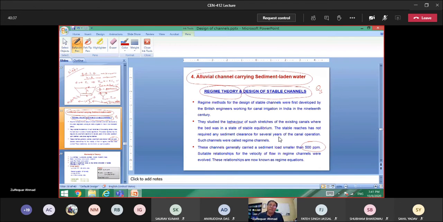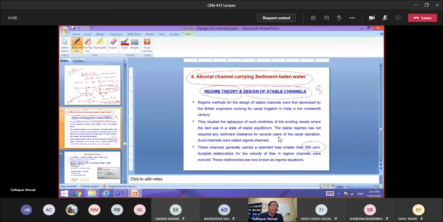If that is more, because the experimentation carried out by Kennedy from the Punjab and Lacey from the UP. Lacey was the chief engineer in the UP irrigation, right? And Kennedy was, I think, the executive engineer in the Punjab irrigation, right? So the canals on which they had worked were having a sediment load of the order of 500 ppm.